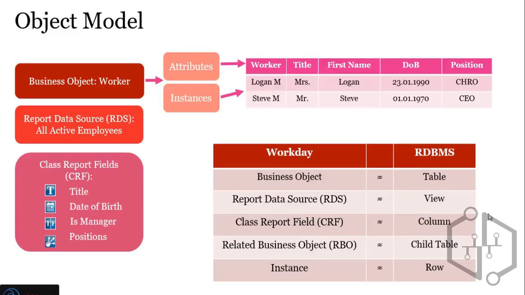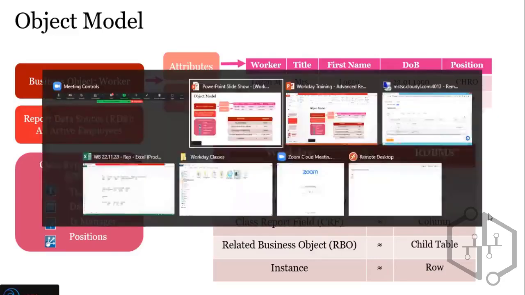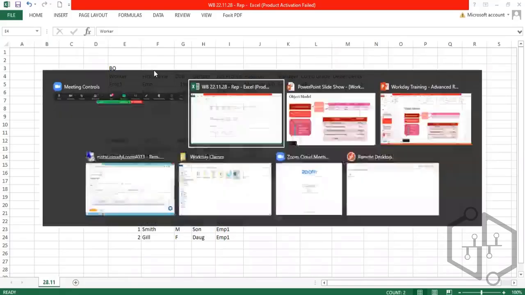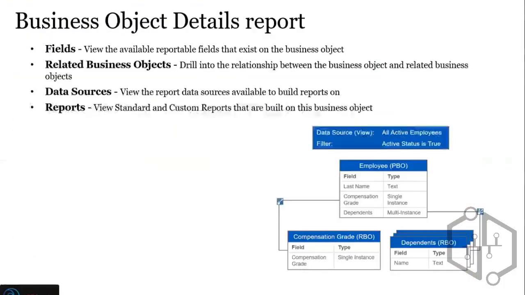Okay, so we were talking about the relationship between business objects, right? So a business object can have one-to-one or one-to-many relationships with another business object. So for example, in this case, or at least in our report, the primary business object is worker, right, or employee.